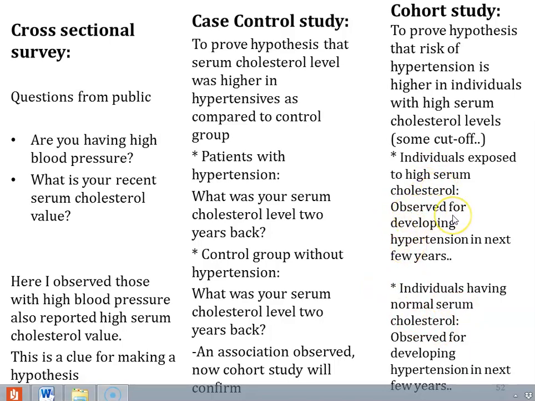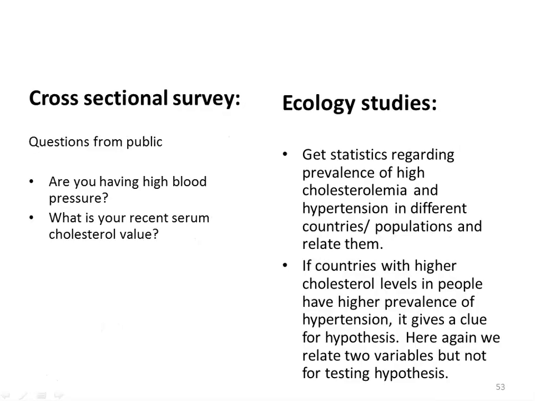I will observe them, do their follow-ups, keep a record of their blood pressures in next few years, and then I will compare their blood pressure levels, and this will give me proof of whether my hypothesis is true regarding the hypertension being related with high serum cholesterol levels or not. So this is how you conduct cohort study and case control.